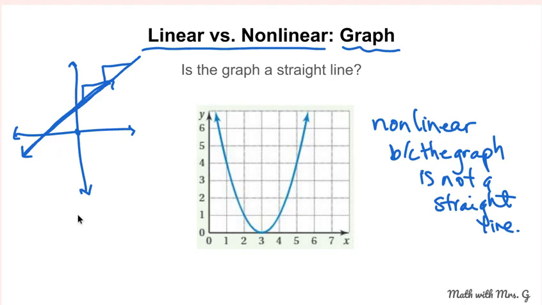So you could have a negative slope line. You could have a positive slope line. You could have a horizontal line. So when we're asking the question about linear versus nonlinear, all of these straight lines work, and it does not have to go through the origin. Okay? So this is probably the simplest of them all.